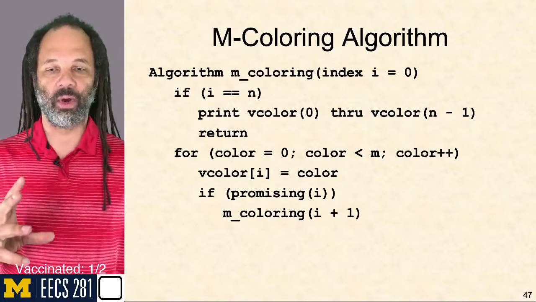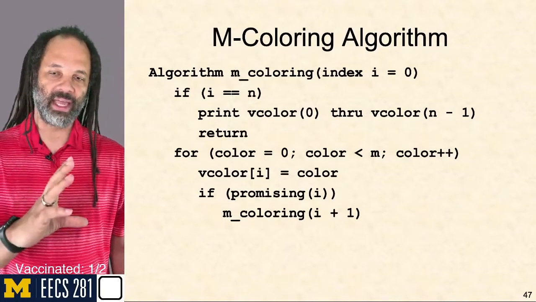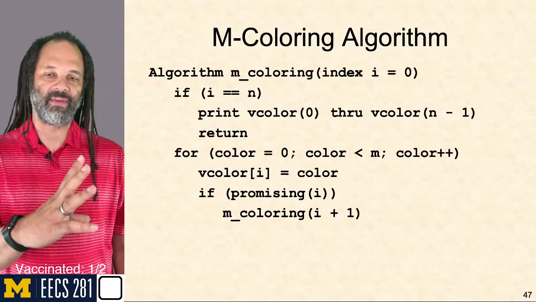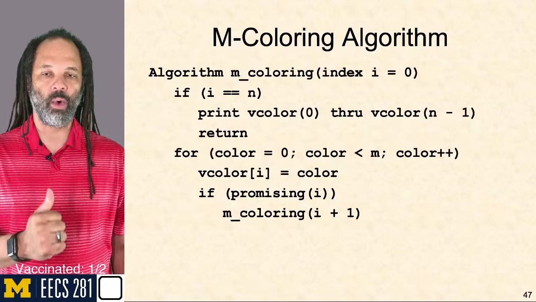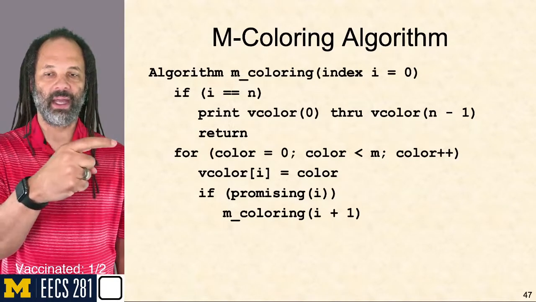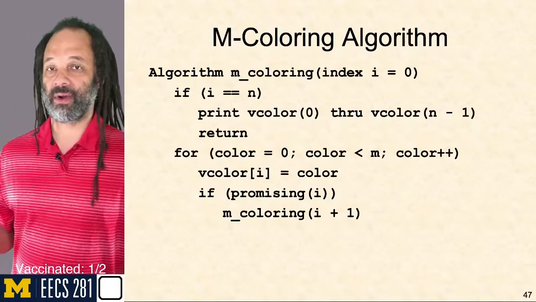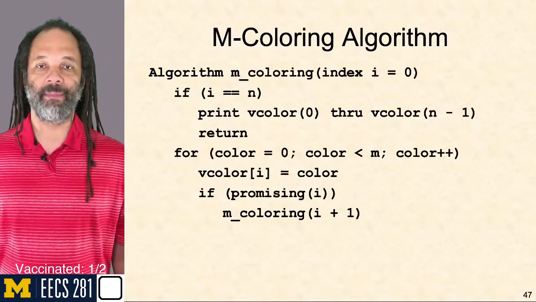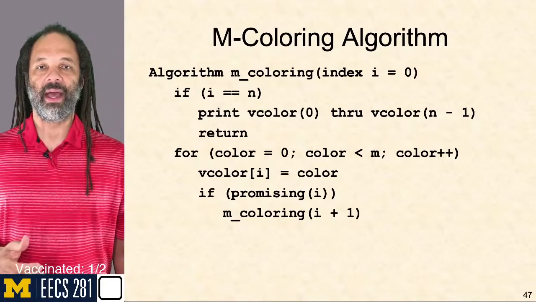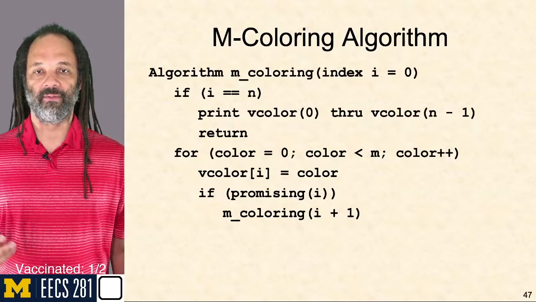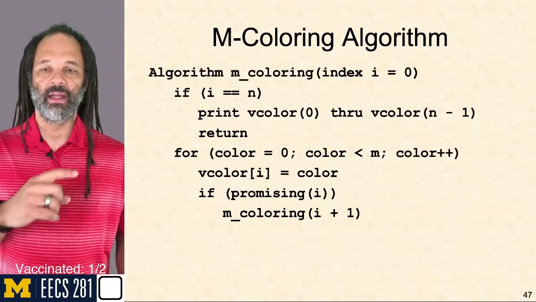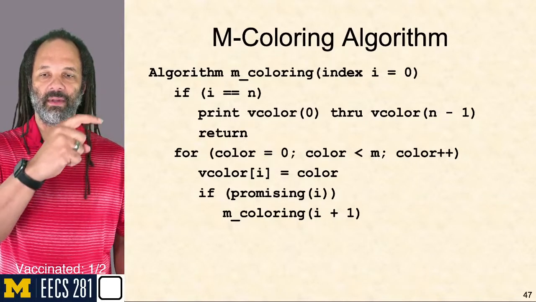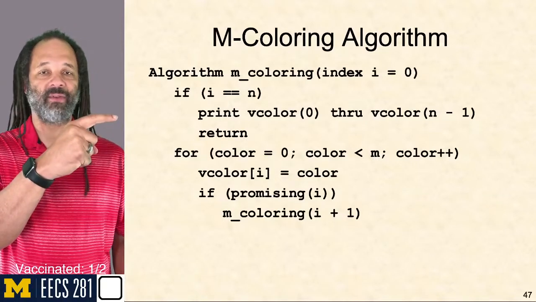That's how this works. So eventually I can get to a place where I've got everything colored. Every time I call m coloring, I goes up by 1. Eventually I equals n. I print all of those answers out and I return. If, however, I have something that can't be colored like that, maybe I can't do it for some particular graph or some particular set of colors, then I is never equal to n.